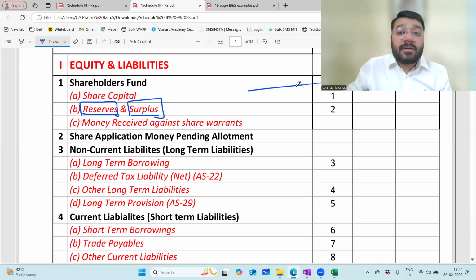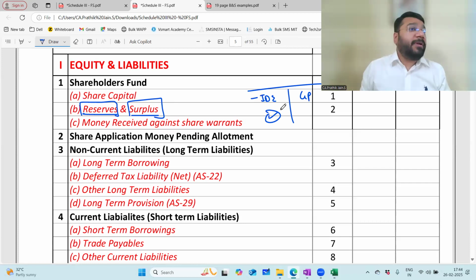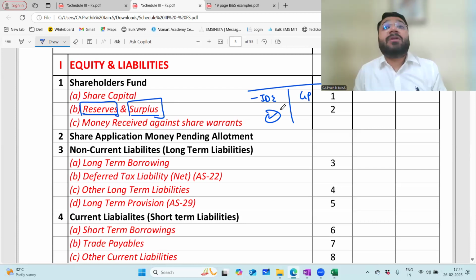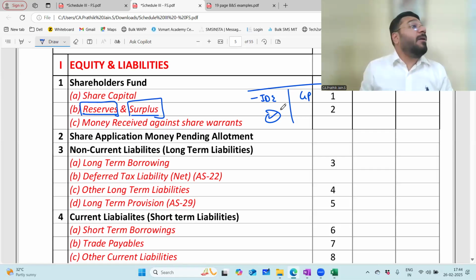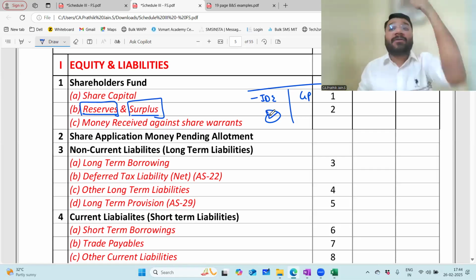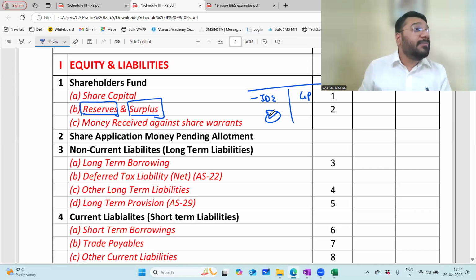In your P&L account, you have something called as net profit, correct? From a gross profit, if I minus all the indirect expenses, I have net profit. You learned in your 11th standard, 12th standard CA foundation that whatever net profit is there, we will transfer to capital, we'll add it. But we also studied in foundation that sometime in the sole proprietorship business and partnership business, you don't transfer the entire profit to the capital.